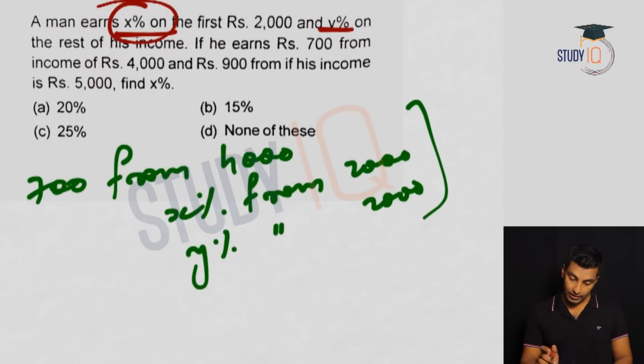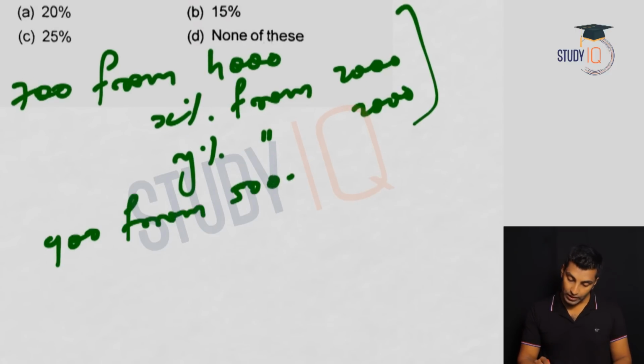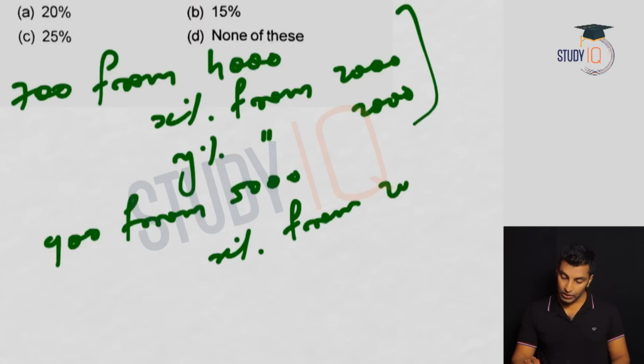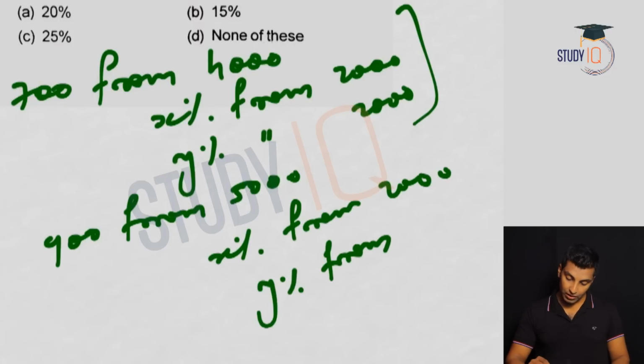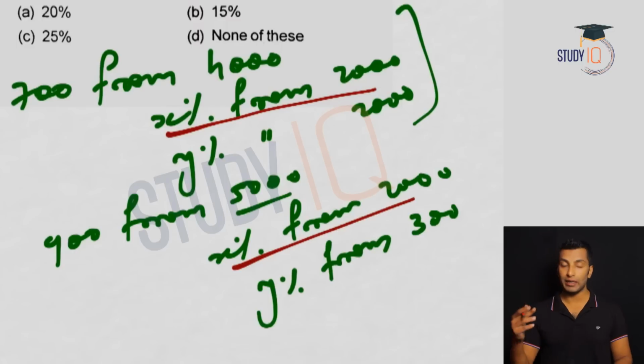Then he earns 900 from 5,000. What does this mean? X percent again from 2,000 and Y percent from 3,000. Now see, X percent from 2000 remains the same. So here you can make an equation.